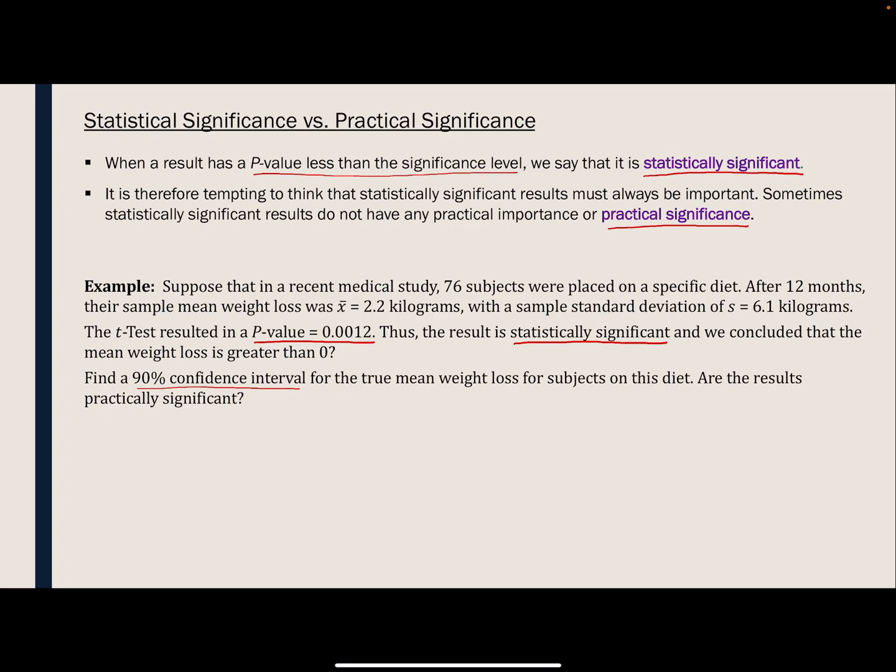With a t-test, when you want to find the corresponding interval, we're going to use t-interval. And again, your calculator has already populated this information.